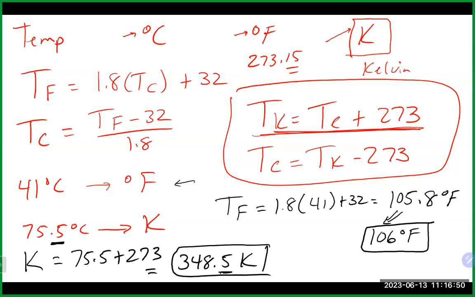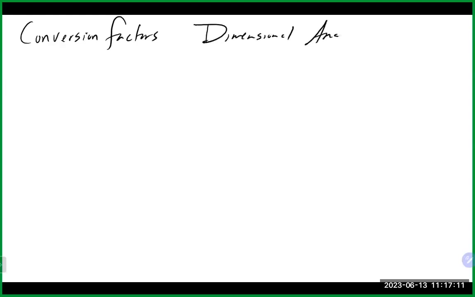Okay. So speaking of conversions, that takes us to the next topic we want to talk about, which is conversion factors and dimensional analysis. Conversion factors are just fractions that come from what is known as an equality.